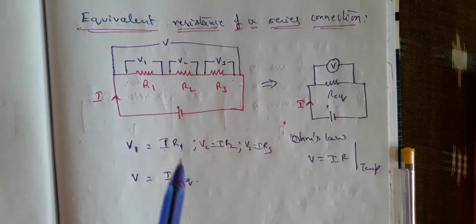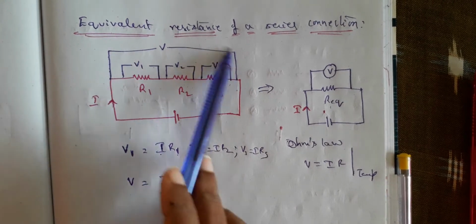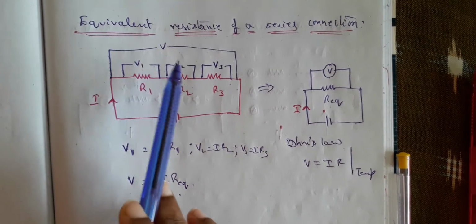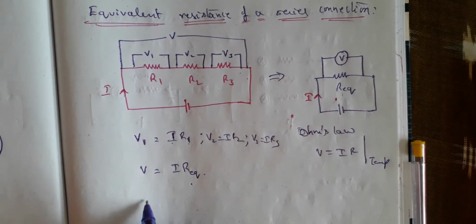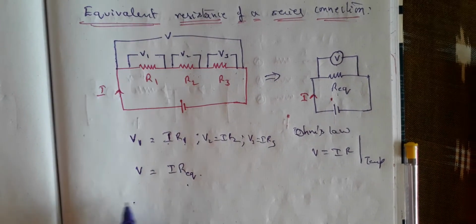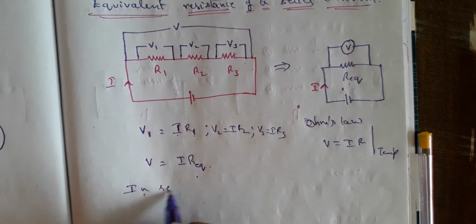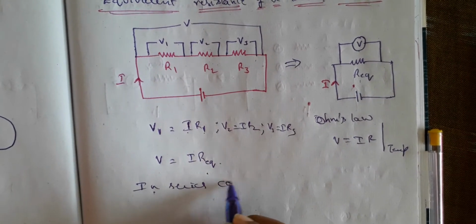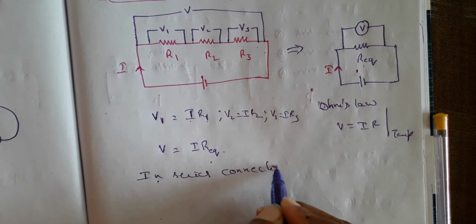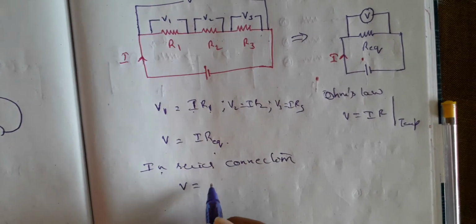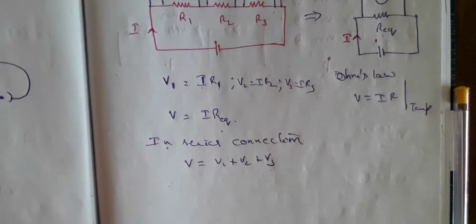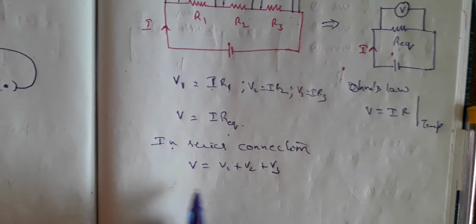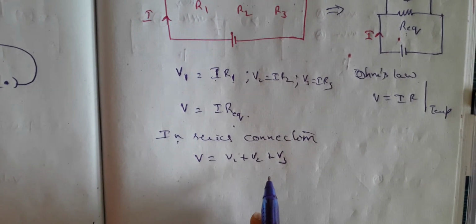So the net potential is equal to V1 plus V2 plus V3. This is what we already observed in the activity. So in series connection, V is equal to V1 plus V2 plus V3.